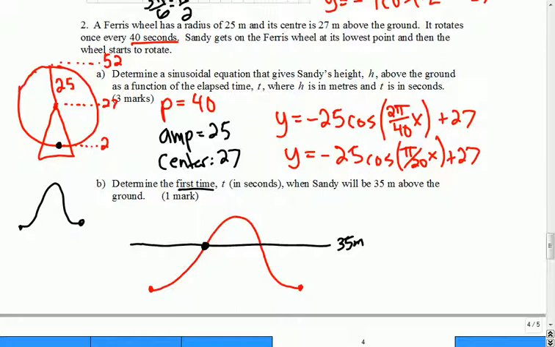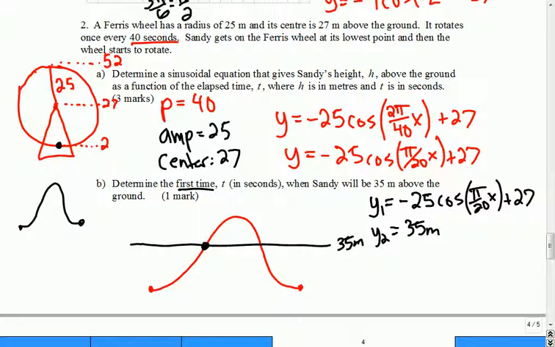So here's how I would do this. I would show my marker that y1 on my graphing calculator is negative 25 cosine pi over 20 x plus 27, and that y2 is 35 meters. And then I would just give them a quick sketch of what I did in the TI-83. So in the TI-83, I would go second, calculate, and then intersect.